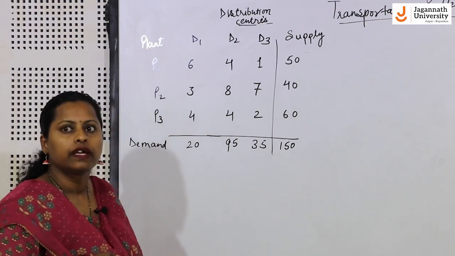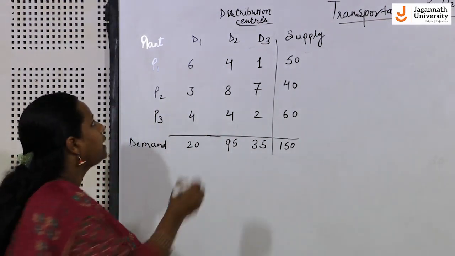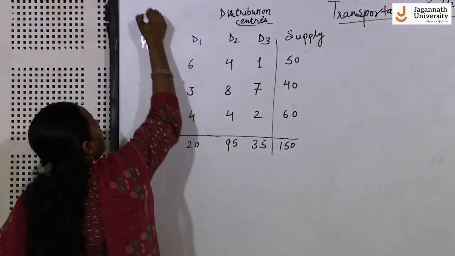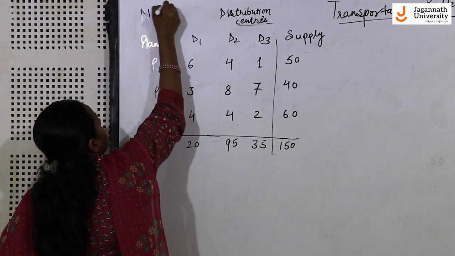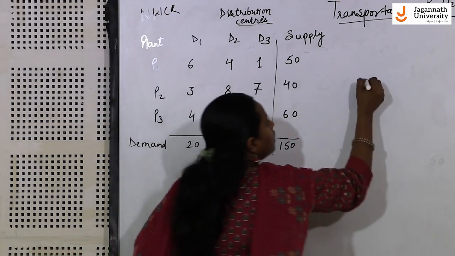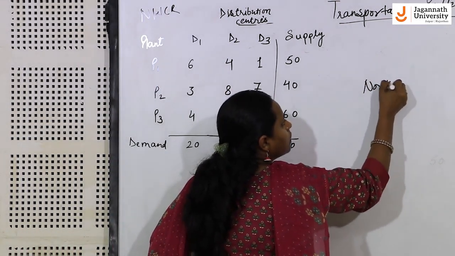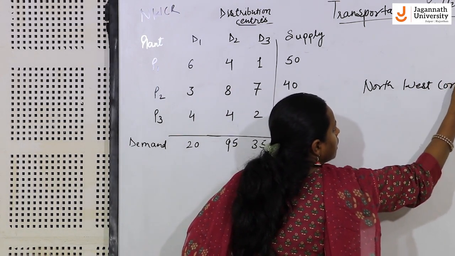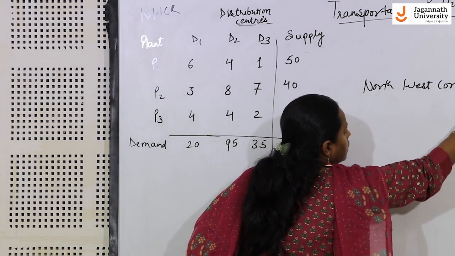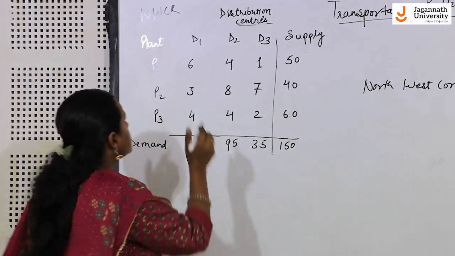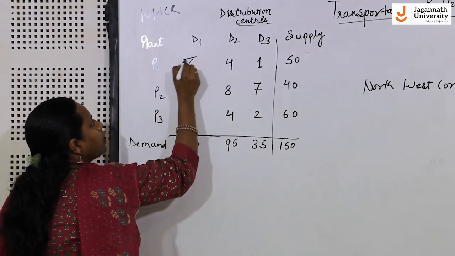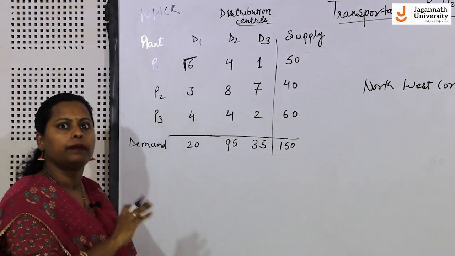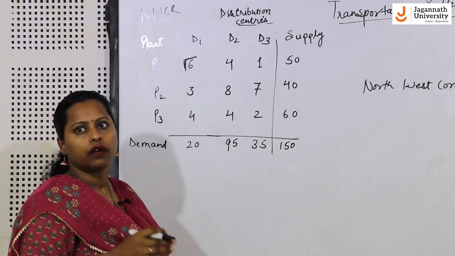So we are solving this problem first by the NWCR, that is Northwest Corner Rule. So this is a northwest corner of a question. Always this will be the northwest corner of the question.